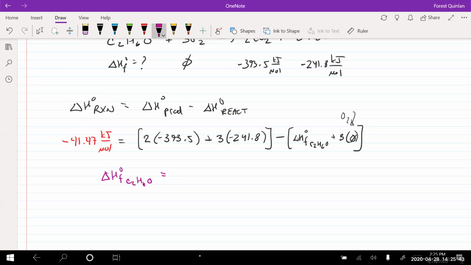I get negative 1554. Do I have confirmation? Oops, no, I have to do that. Hold on. No, sorry, negative 1471.